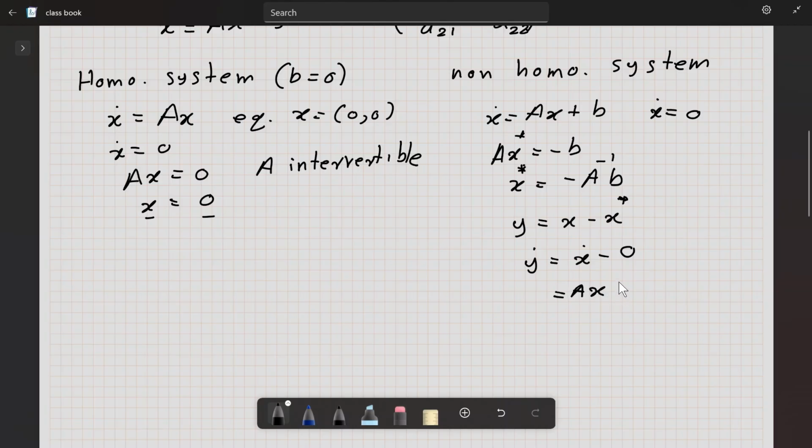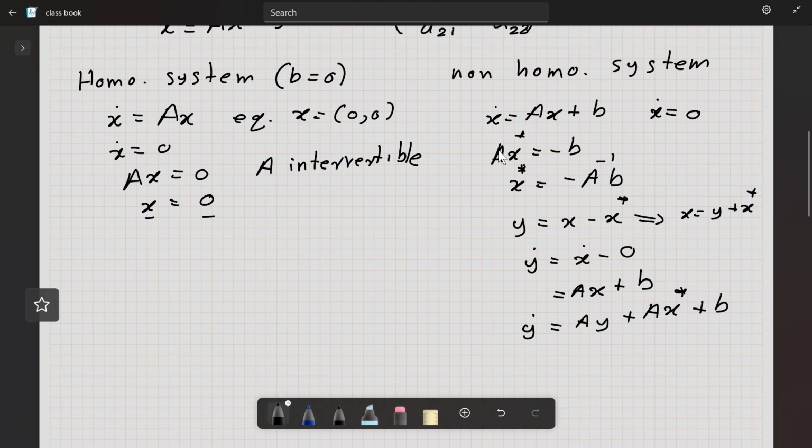Our x is equal to y plus x star. Then y dot is equal to A times y plus A times x star plus b.